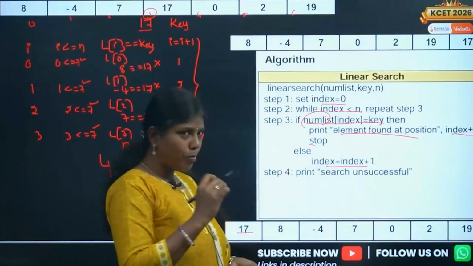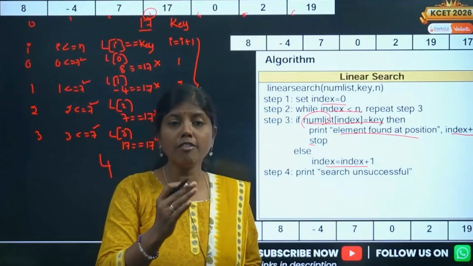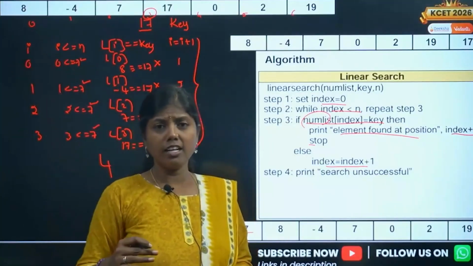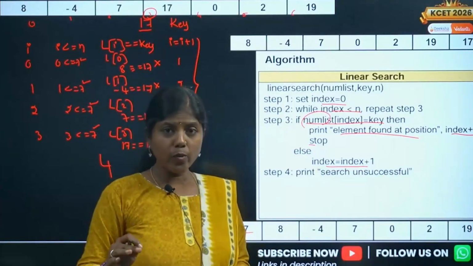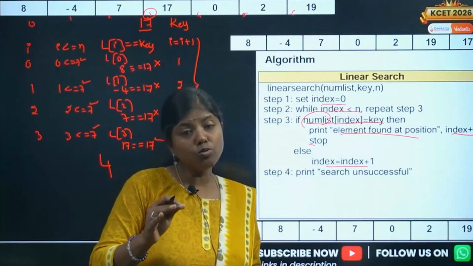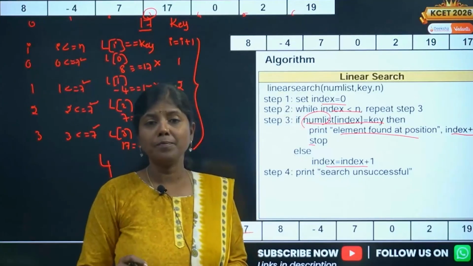You are supposed to find zeal in the dictionary. What will you do? Will you start from the beginning of the dictionary till the end? My question is, I'm asking you to find the meaning of the word zeal in the dictionary.